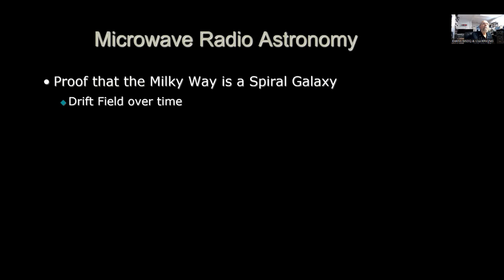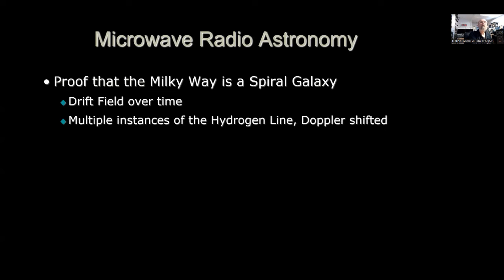And we get multiple instances of the hydrogen line. And this is what talks to the spiral arms of the galaxy. We see multiple instances of the hydrogen line that are Doppler shifted. So we're seeing a large intensity, and then a smaller intensity at a different frequency, and a smaller intensity at a different frequency, which leads us to the fact that we're looking at 3 different spiral arms of our galaxy. So that can be demonstrated.